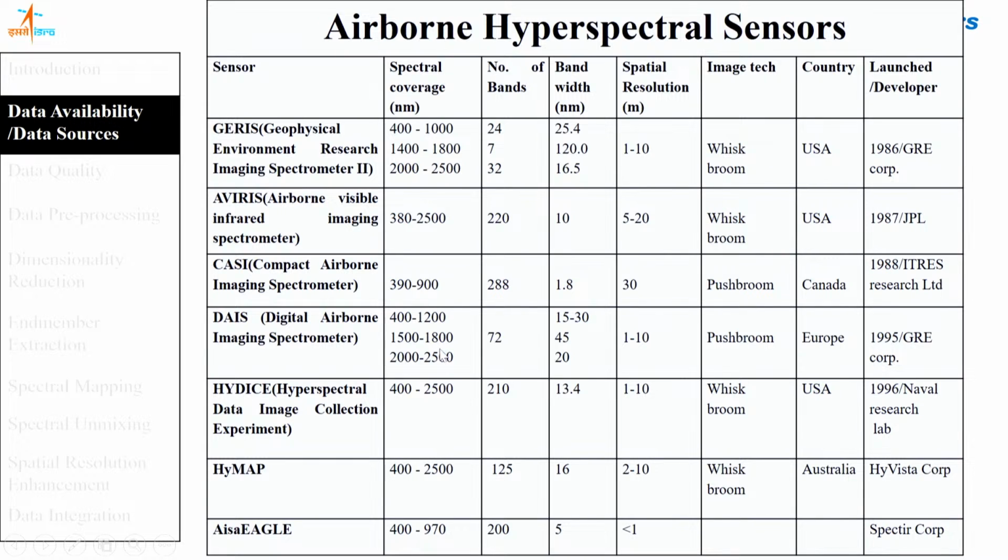They are actually due to atmospheric absorptions in these particular wavelength regions. Then HyMap was developed by Integrated Spectronics, and Specim has developed AISA Eagle. So some companies are there, and now they are developing UAV hyperspectral sensors also.